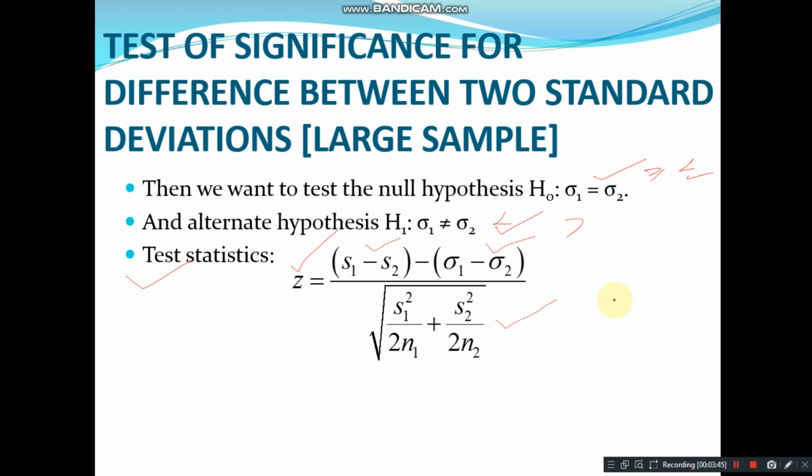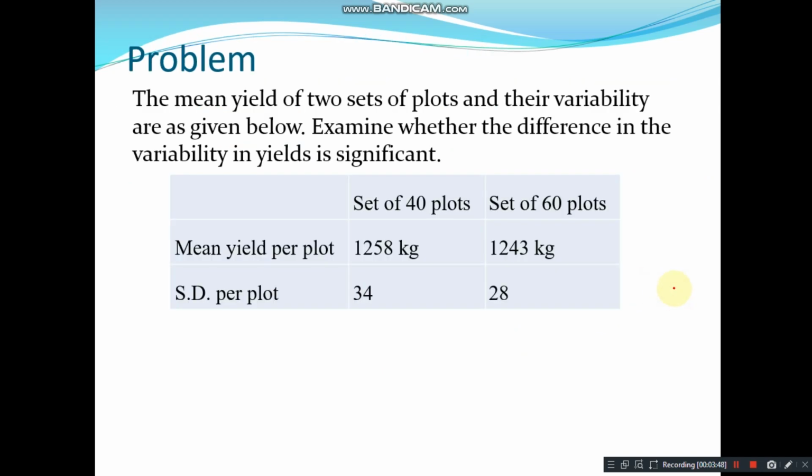But how do you test? Let us take one example. The mean yield of two sets of plots and their variability are as given below. Examine whether the difference in the variability in yields is significant. This is the first set and this is the second set: first set size 40, second set size 60. Mean for the first set 1258, for the second set 1243, standard deviation of the first set 34, standard deviation of the second set 28.